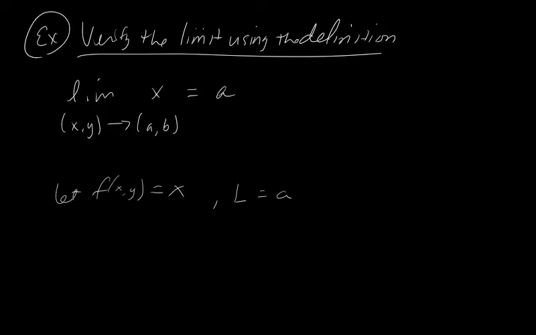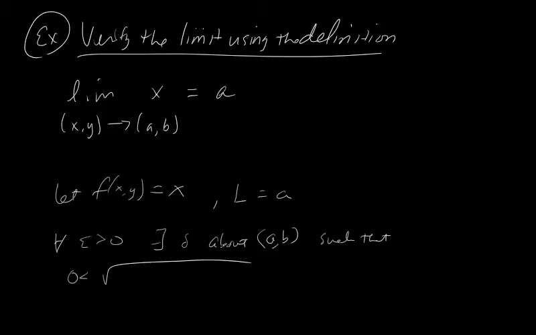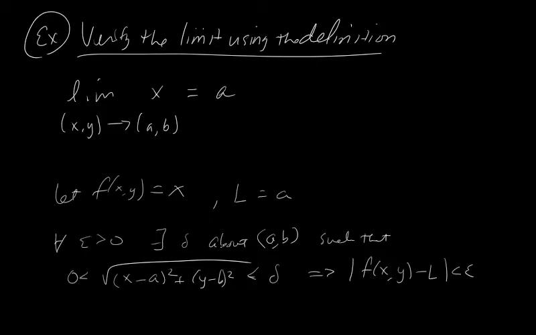We have to show that for any epsilon greater than 0, there exists a delta neighborhood about (a,b) such that 0 less than the square root of (x minus a) squared plus (y minus b) squared is less than delta will imply that the absolute value of the difference between f(x,y) and the limit is less than epsilon.